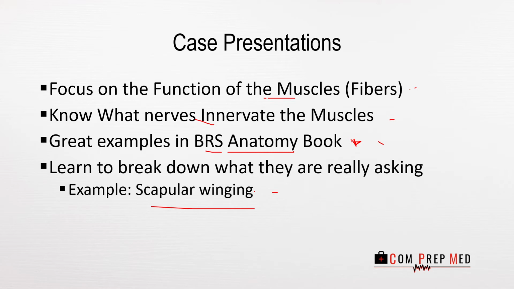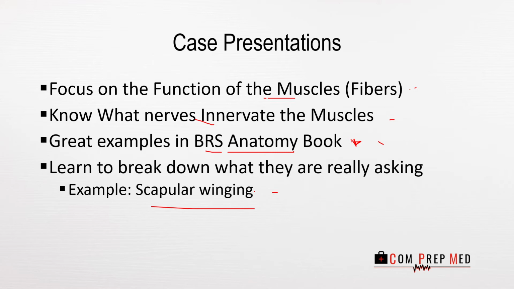If we look at scapular winging, they give you a picture of a patient pushing up against a wall, and one of the scapulas is pushing out. They'll say, what nerve was damaged here? The long thoracic nerve. Or they'll say the serratus anterior, innervated by blank nerve, caused this injury. The long thoracic nerve innervates the serratus anterior muscle.